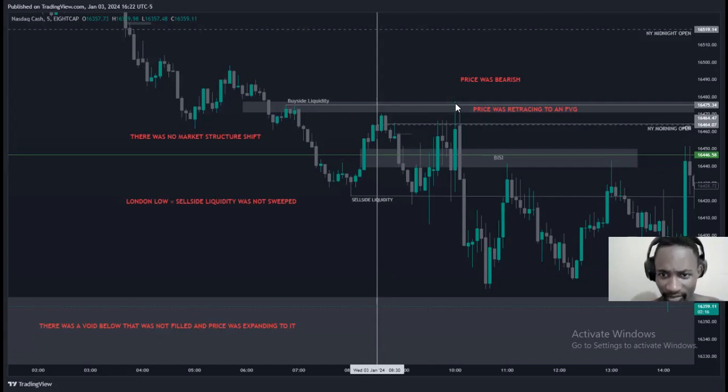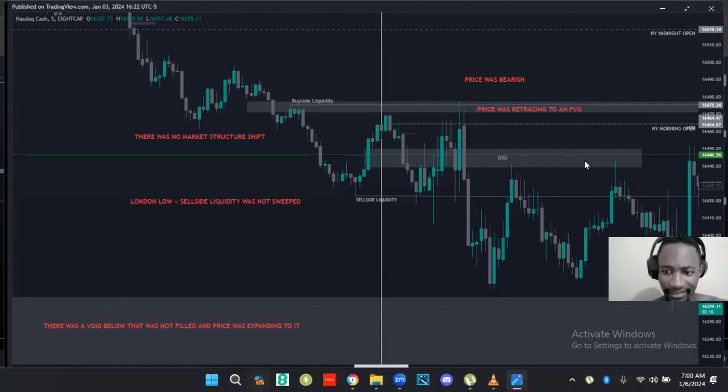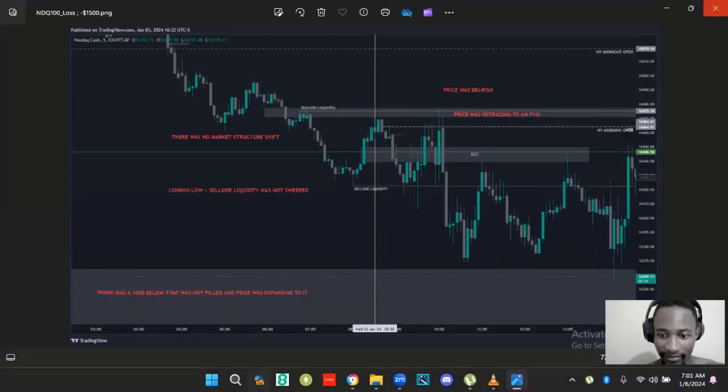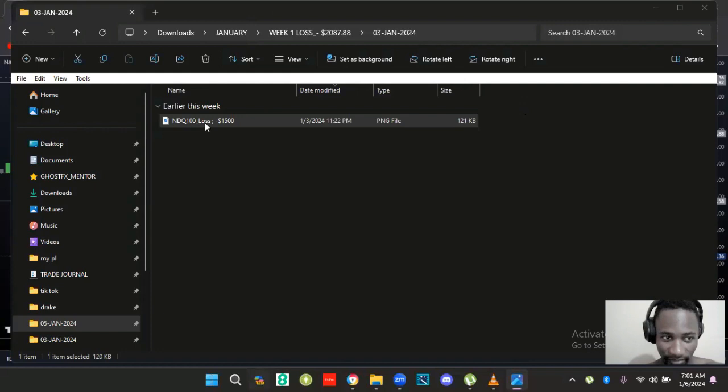I was going to enter this trade, my stop loss above here, then target these lows, or target the liquidity void below there. So that was the trade. That's the reason why I lost the 1.5. That's my reason for losing that one.